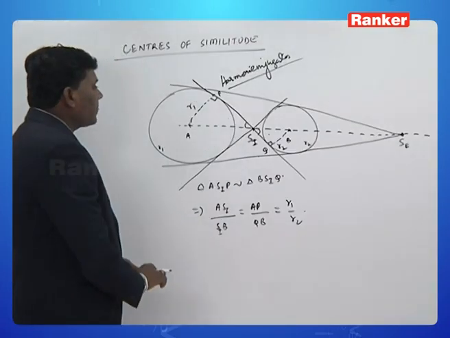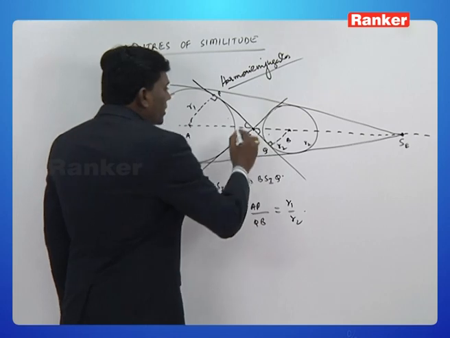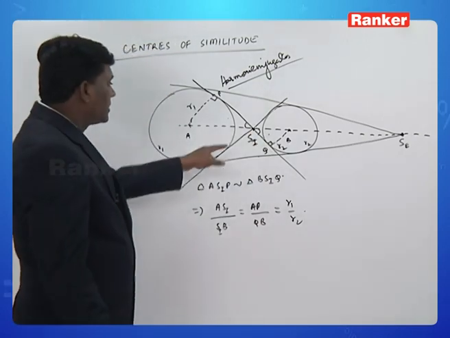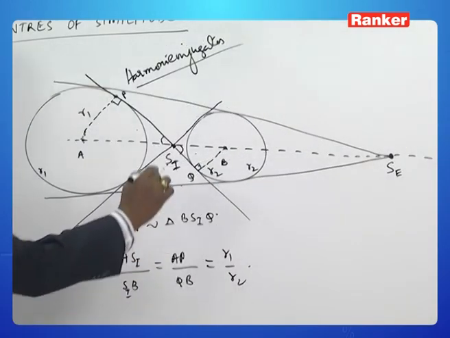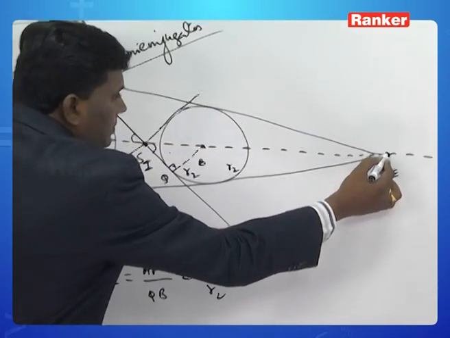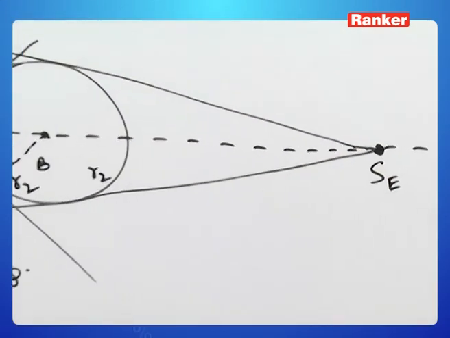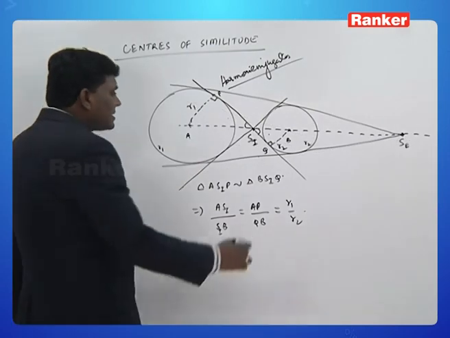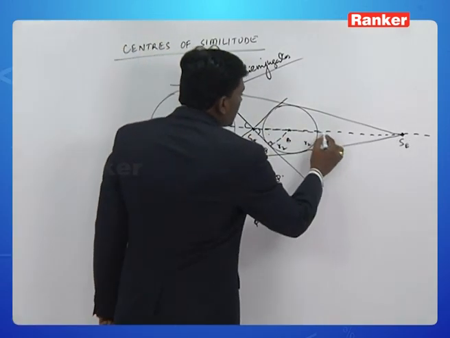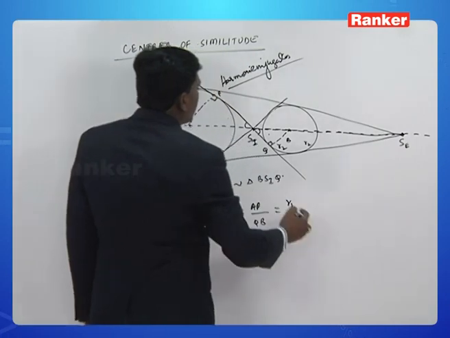Now, coming to one more important point in this. Here, SI and SE, these two are centers of similitude. We can construct a circle taking this as a diameter.